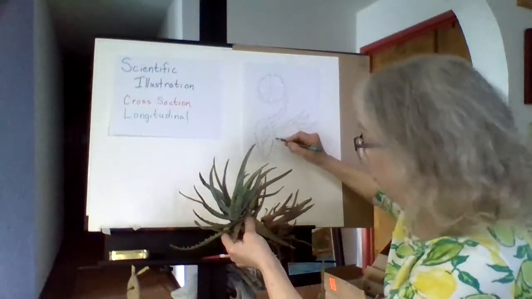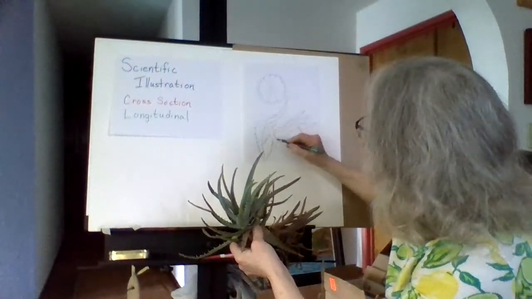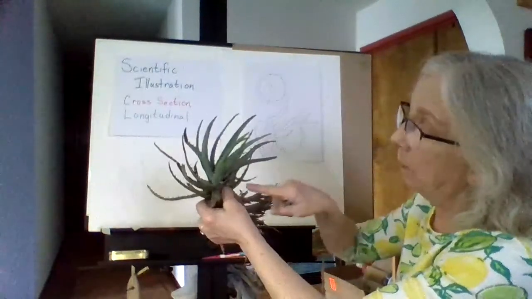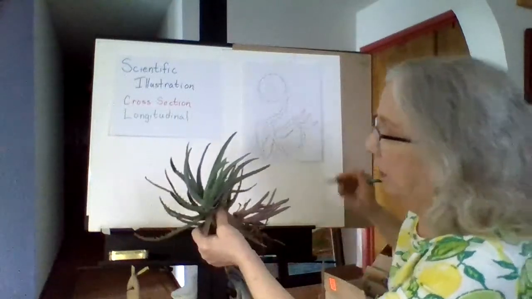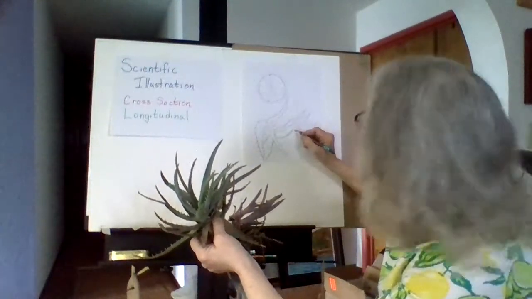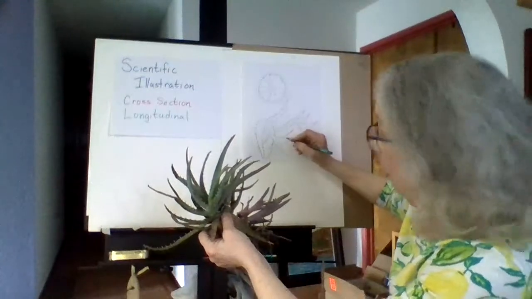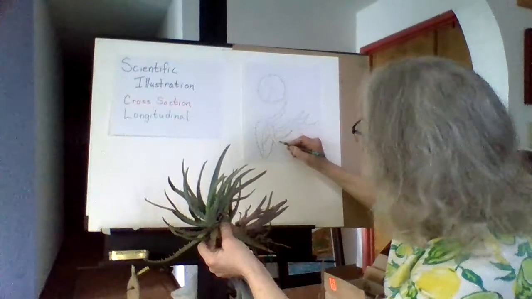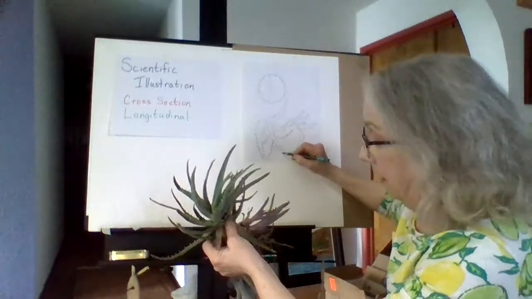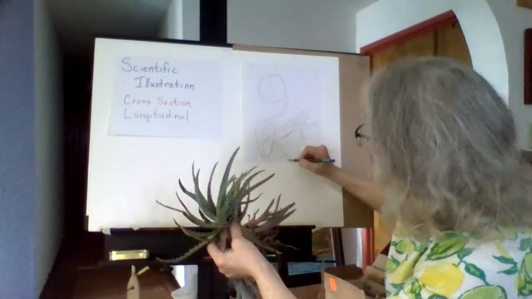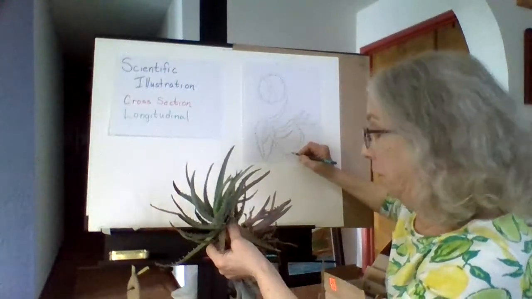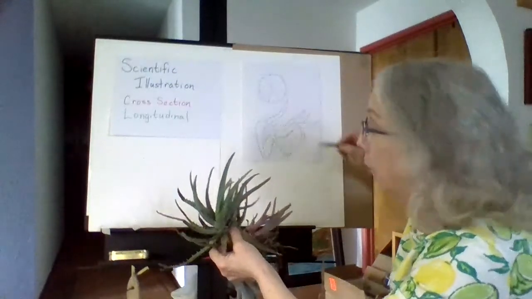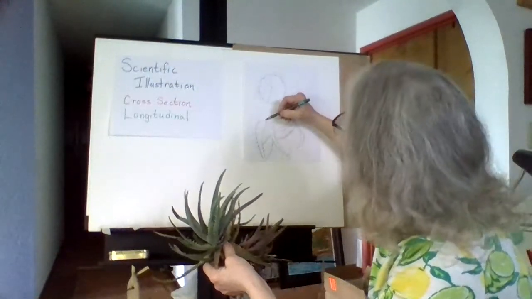Another way that aloe vera reproduces is it makes these pups, these baby plants, that sometimes come out at the base of the mother plant. And there is a nursery in Stockton called the Holland Dutch Nursery, and they have various plants for sale because they're a nursery, but then they have plants that they say are not for sale because they are the mother plants that they use to grow plants.